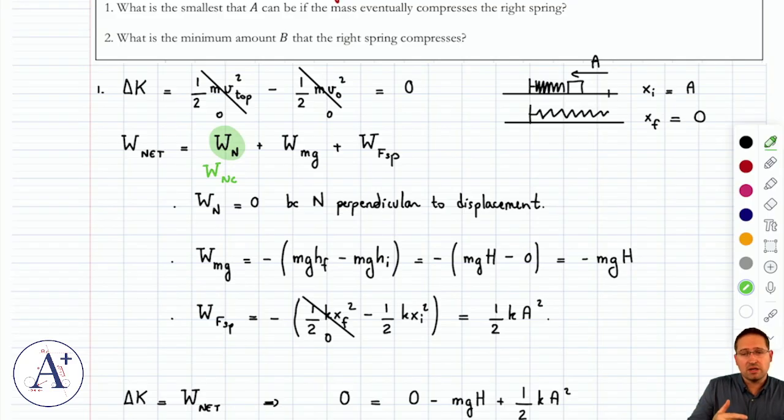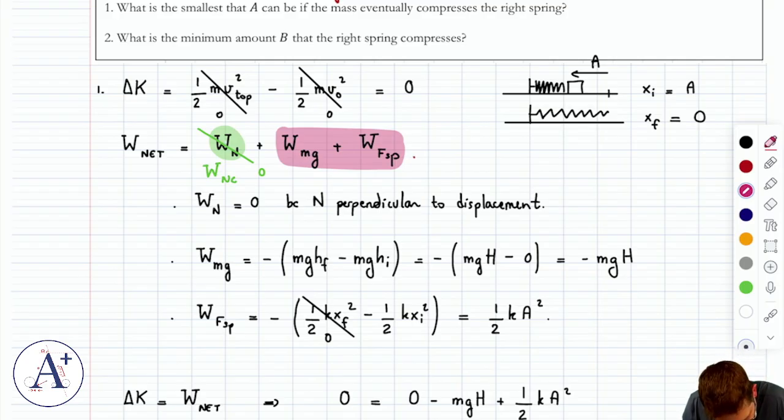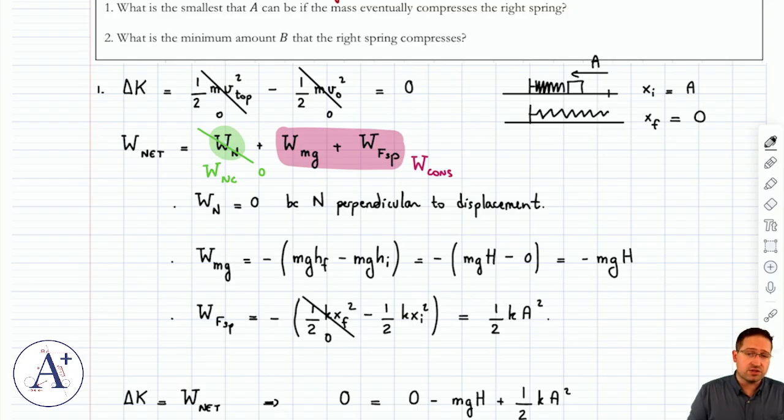It can be there. If it doesn't do any work, though, then this term goes away, and at that point I only have conservative forces that are doing work. So this is going to be the work done by conservative forces, the whole thing. Well, that's the condition under which delta K equals work net, in fact, simplifies to conservation of mechanical energy.